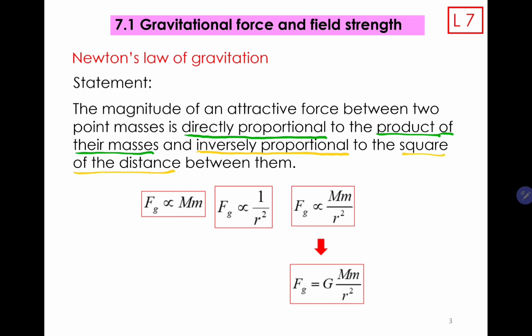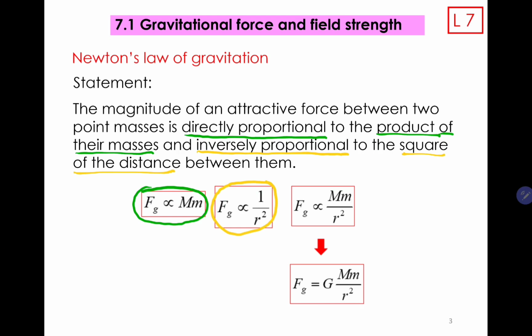So the first factor: F and the product of masses are directly proportional. And the second factor is that the force is also inversely proportional to the square of the distance.